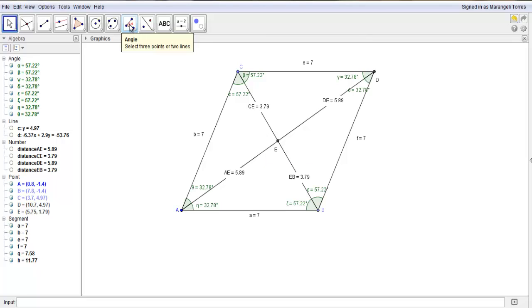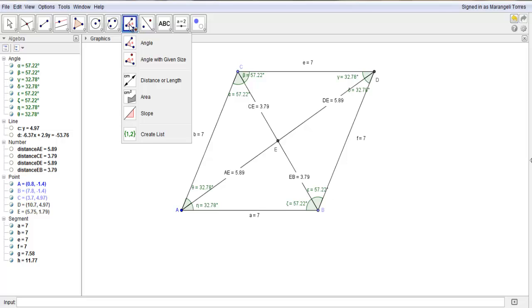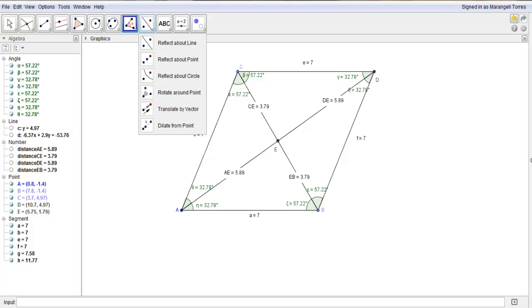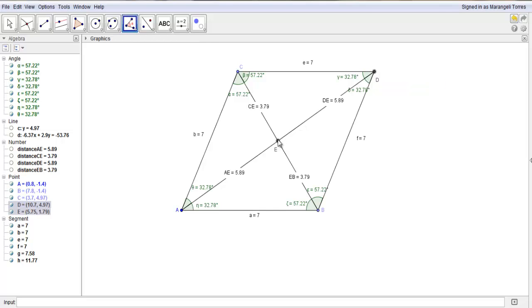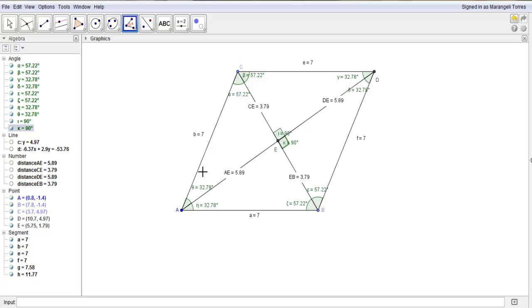So let's go to our angle measure tool, and remember to go in a clockwise motion. So I'm going to measure D, E, C, and it's 90 degrees. I want to measure B, E, D, 90 degrees also.